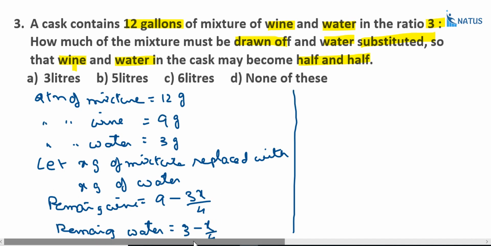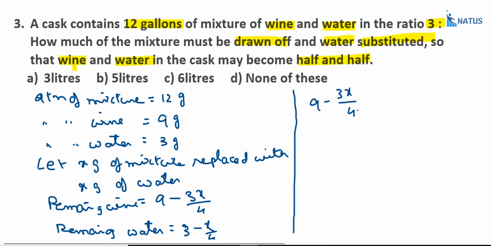Then wine and water quantities are the same. Remaining wine is equal to 9 minus 3x by 4, right? And what is the water? That is equal to 3 minus x by 4.